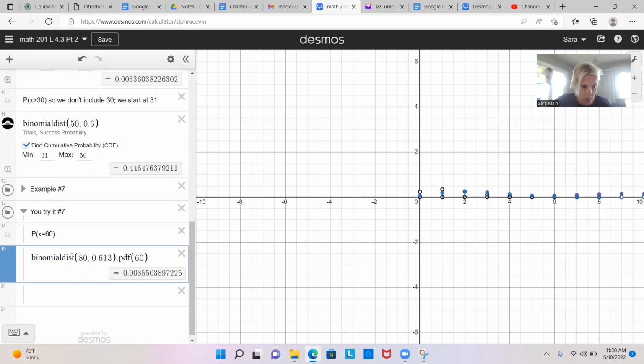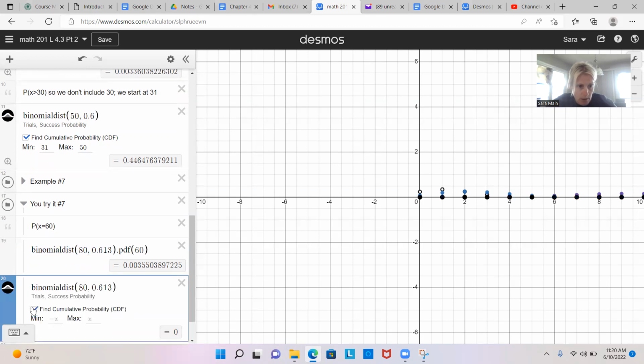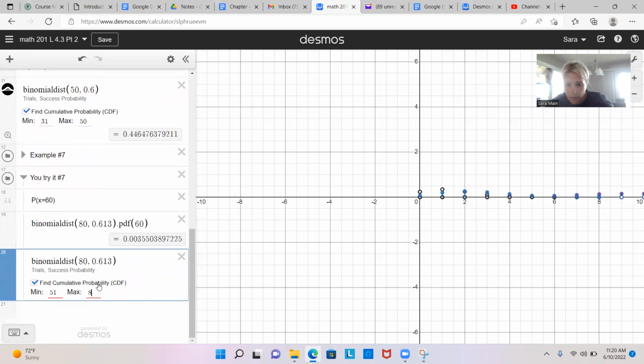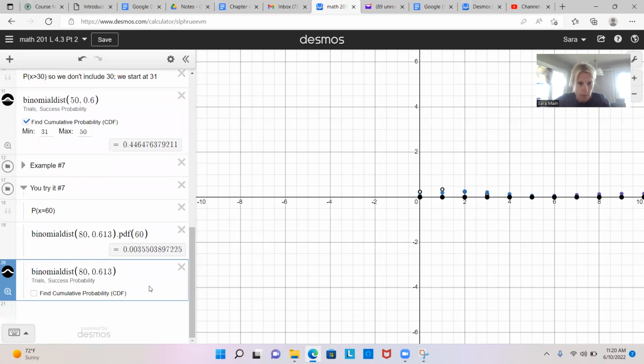And then the other one was greater than 50. So it's cumulative, but it starts at 51 because it said greater than 50. So 51 up through 80, which is 0.3718.